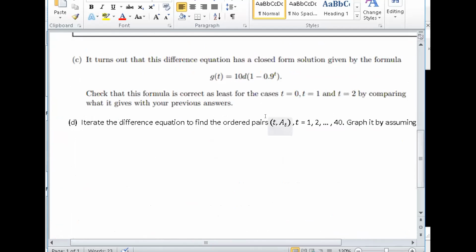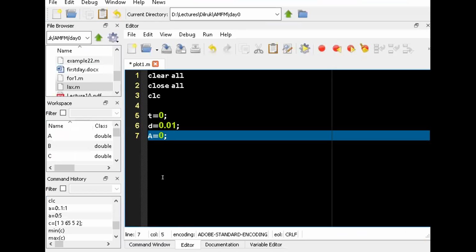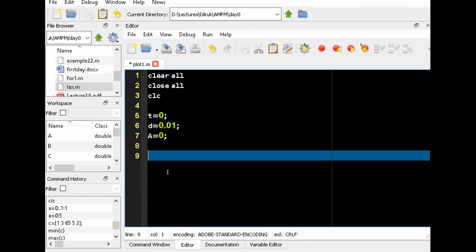Now I want to compute this pair, let's say 100 times. That means 0, a sub 0, 1, then definitely you have to include a for loop.